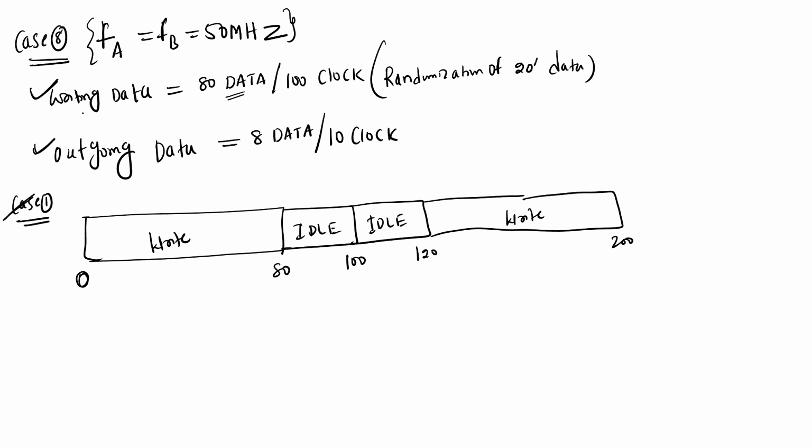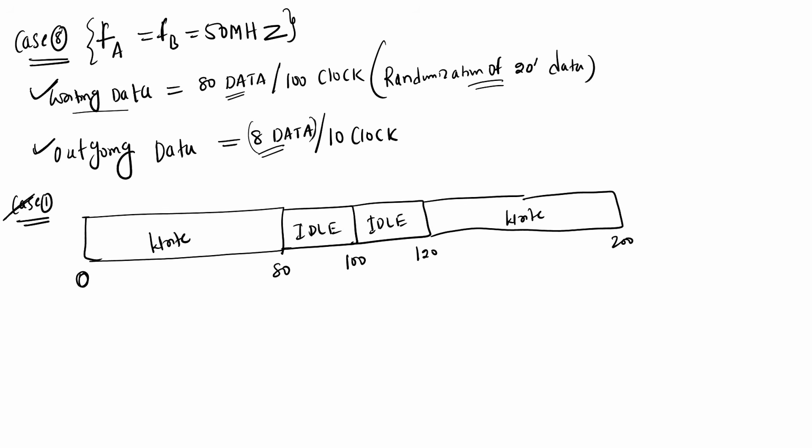Writing data: out of 100 clock cycles, 80 data will be there and 20 are randomized. Different cases we can take. And reading data also: out of 10 clock cycles, 8 data will be there, and 2 will be randomized. Like that, he is giving it in a different way.